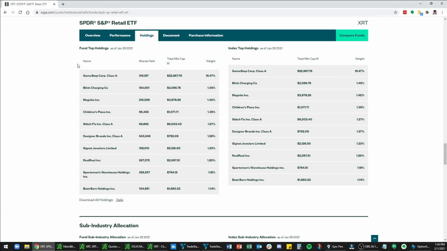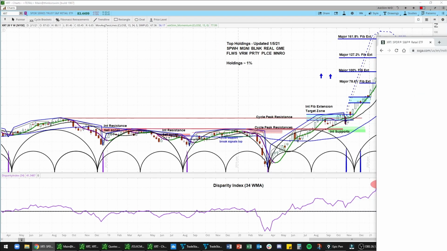This is as of Friday's close, and you'll see that GameStop makes up almost 19.5% of this fund, while the other holdings all still make up anywhere from 1 to 1.5%, which is really in line with the longer term averages that we've seen. I just wanted to highlight this because this is a very concentrated fund in one stock, and that stock is GameStop. So I just wanted to add that in as well.